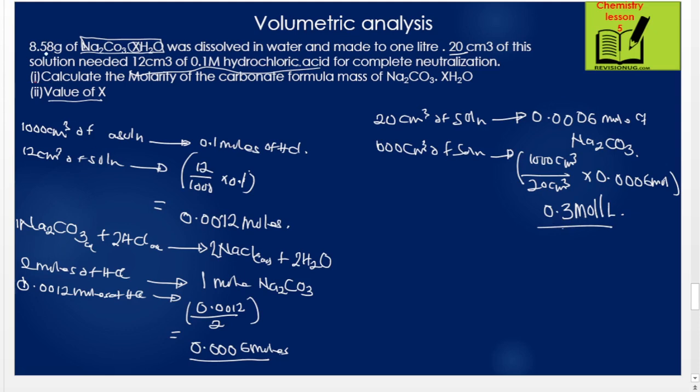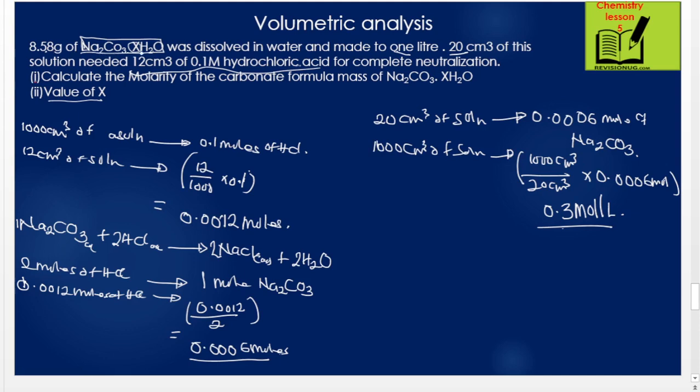Are we getting? And this mass was dissolved in a liter, meaning that now this is 8.58 grams per liter, which is equivalent to 0.3 moles per liter. Has it made sense?